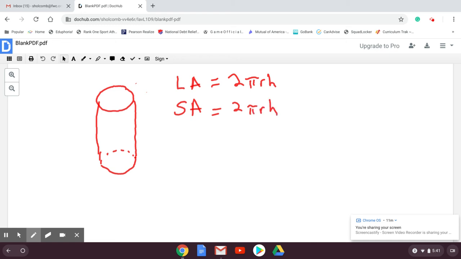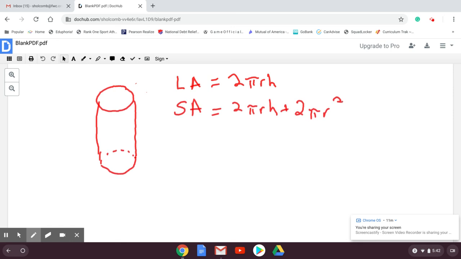So rather than write plus 2b, let's go ahead and turn it into plus 2 pi r squared, which is our top and bottom bases. And in that respect, a cylinder is almost exactly like a prism, just using circular perimeter, circumference, and circular area, pi r squared.